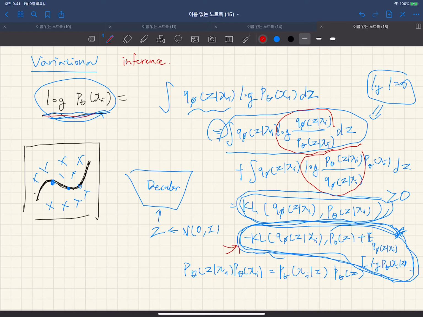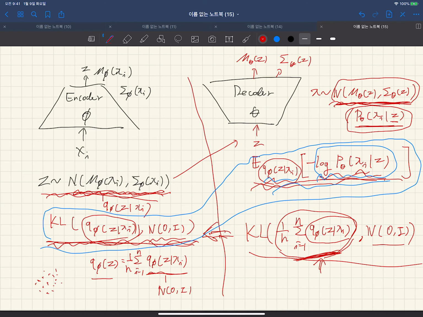Okay, and the name ELBO comes from evidence lower bound optimization, which basically means this is the evidence, and this is the lower bound, and we want to maximize this lower bound. Anyway, VAE has these three terms, but essentially VAE wants to make your latent variable follow zero mean and identity covariance matrix.